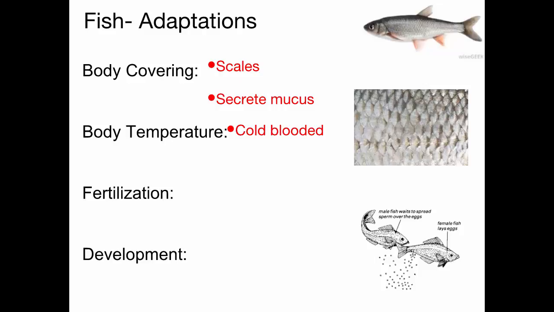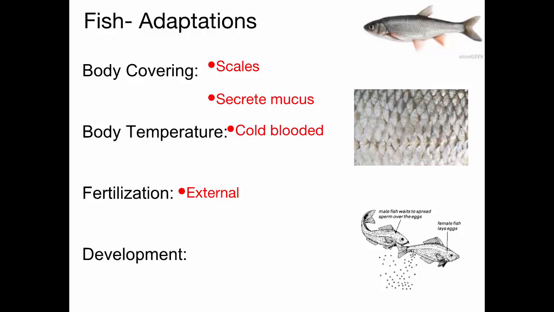Their rate of using oxygen and digestion slows down. So they basically just have to hang out until it warms up. Warm-blooded animals can stay active regardless of the outside temperature. But cold-blooded animals don't need as much energy.